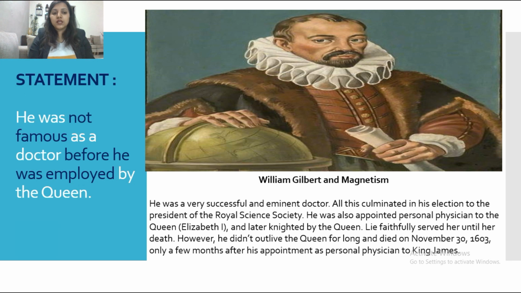Let's discuss the question now. Again, here we are emphasizing his fame, but we also have additional information about the timing of his fame, which is to be considered, right? So it is before his employment, before he was employed as a physician by the queen. Was he famous or was he not famous?